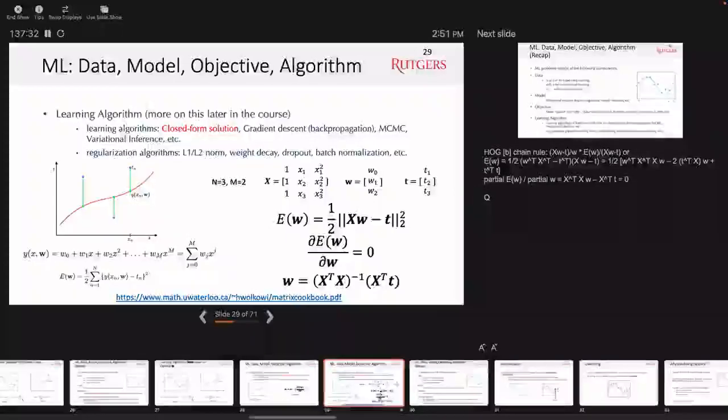So basically, if you take the linear term, you take the gradient of this one with respect to W. What you have is, so we're going to have 2 here. And what you have is minus 2. You're going to need a transpose here and T. Okay, so this is the derivative of the second term.